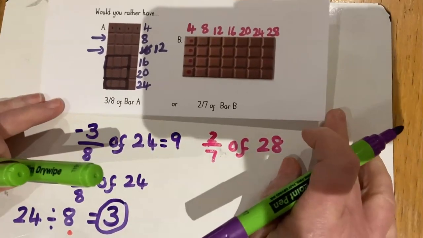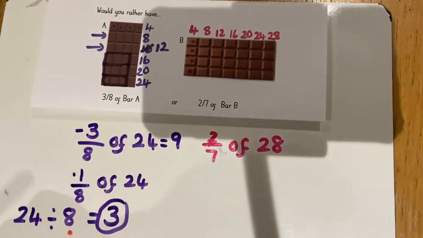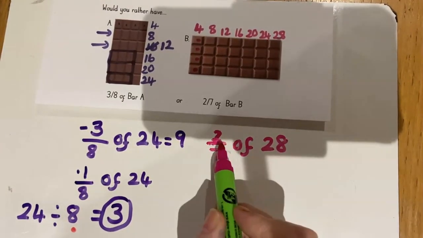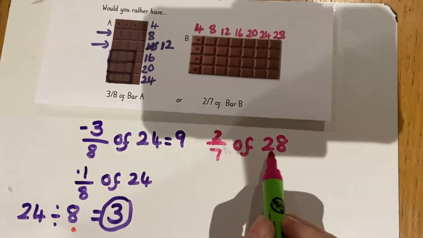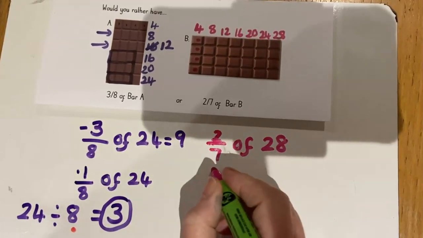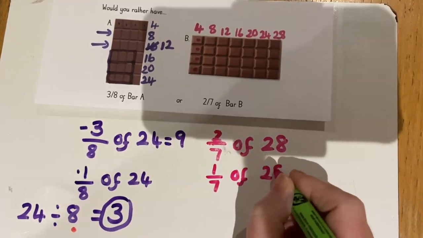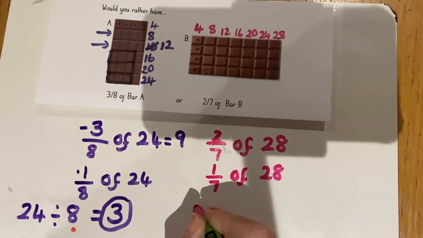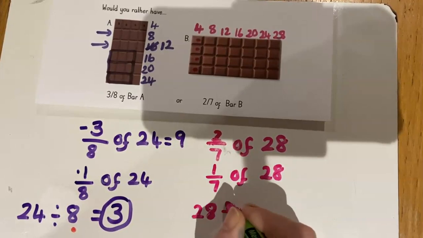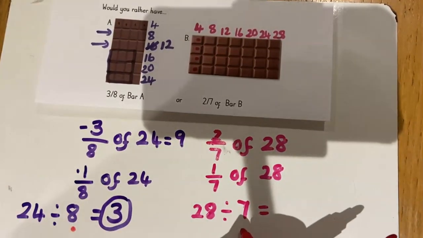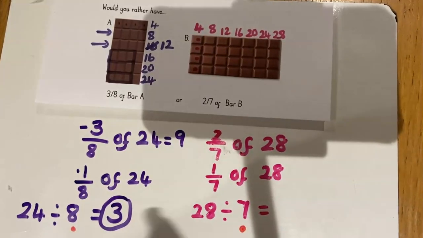Okay, so if you think about the same for the other bar of chocolate, bar B, if I want to find out 2/7 of 28, well, let's think about what 1/7 is first. I know that 1/7 is the same as doing 28 divided by 7. This time, I'm going to be using my 7 times table to help me.